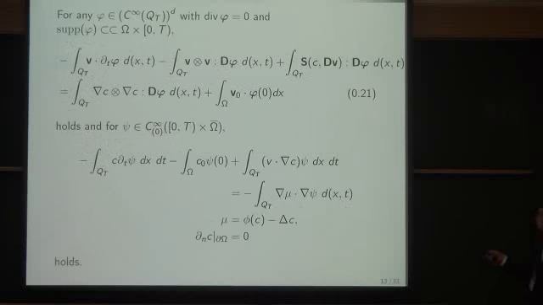if this is satisfied. So one takes a C infinity function in Qt which is divergence free, and this divergence is of course with respect to space, and the support is in omega times 0t.